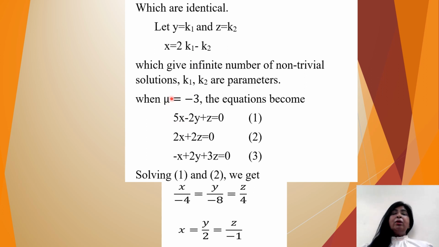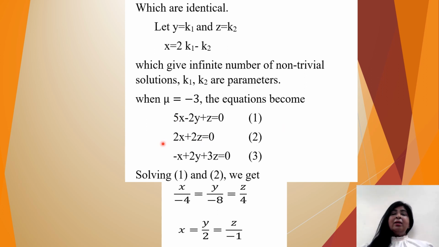Now let us take mu is equal to minus 3. When we put mu is equal to minus 3 in the given system of equations, we get this system of equations. Now I want to solve it.